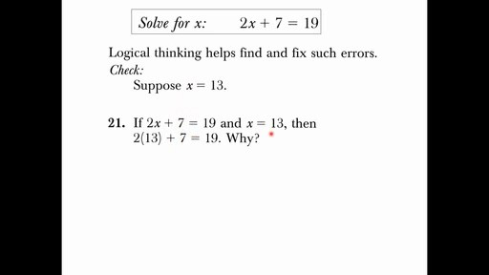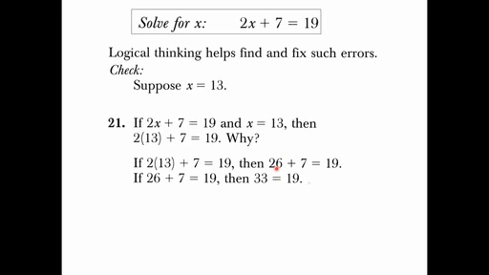Well, we must have just substituted. If 2 times 13 plus 7 equals 19, this previous conclusion, then 26 plus 7 is 19. How do you go from this hypothesis to this conclusion? You could call it multiplication, but it's better to just say simplify in this case.